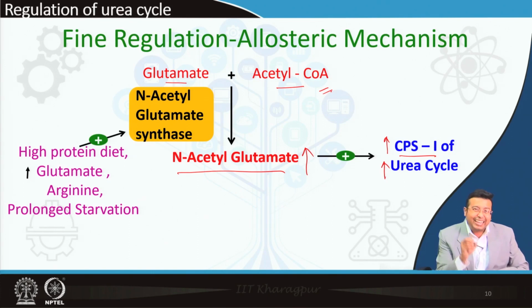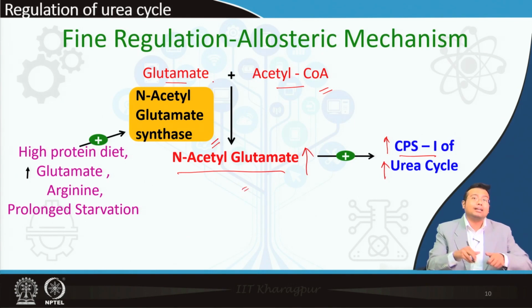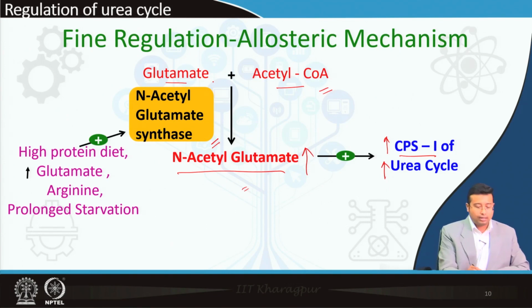Now, this enzyme N-acetyl glutamate synthase synthesizes N-acetyl glutamate from glutamate and acetyl CoA. This enzyme can be allosterically activated by factors like a high protein diet, more glutamate, and arginine, which is a very strong activator of N-acetyl glutamate synthase, as well as prolonged starvation.